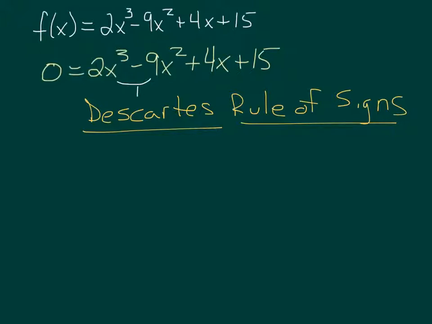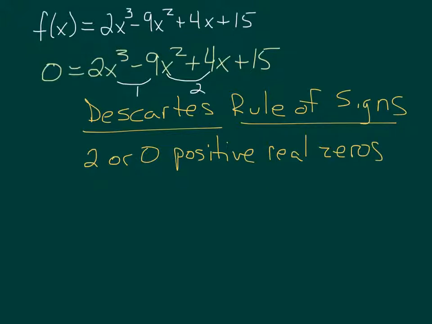We go from negative to positive, so there's 2, and then we remain positive for the rest of the way. Since there are 2 sign changes, that tells us that there is either 2 or 0 positive real zeros.